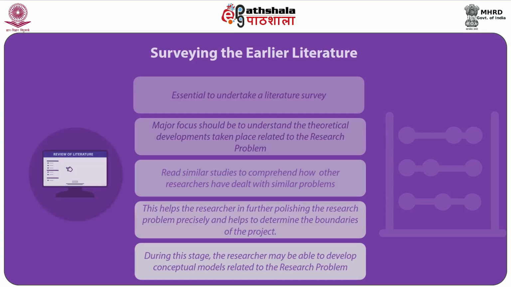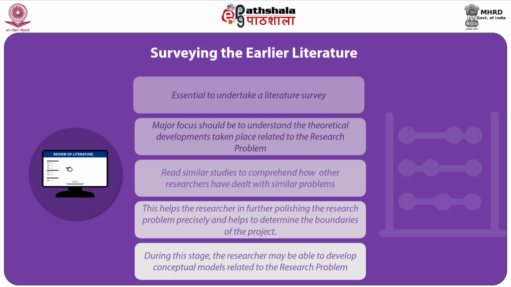The third step to be followed for formulating the research problem is surveying the earlier literature. Undertaking a literature survey is very essential for the formulation of the research problem. The major focus should be to understand the theoretical developments that have taken place related to the research problem under consideration.